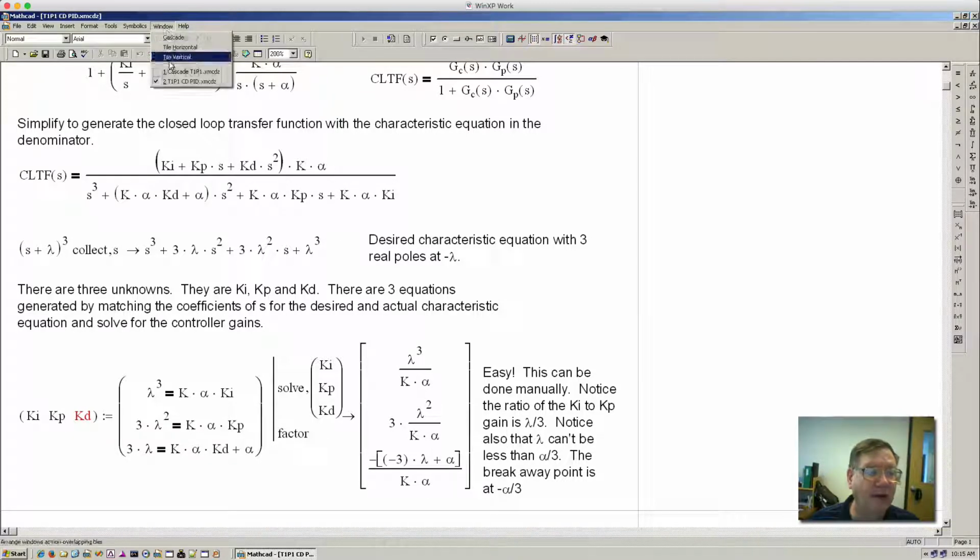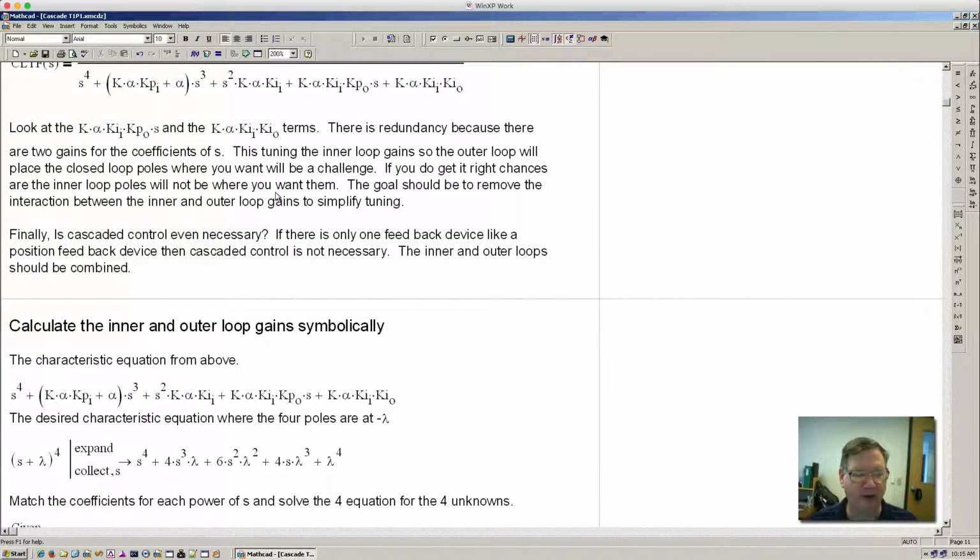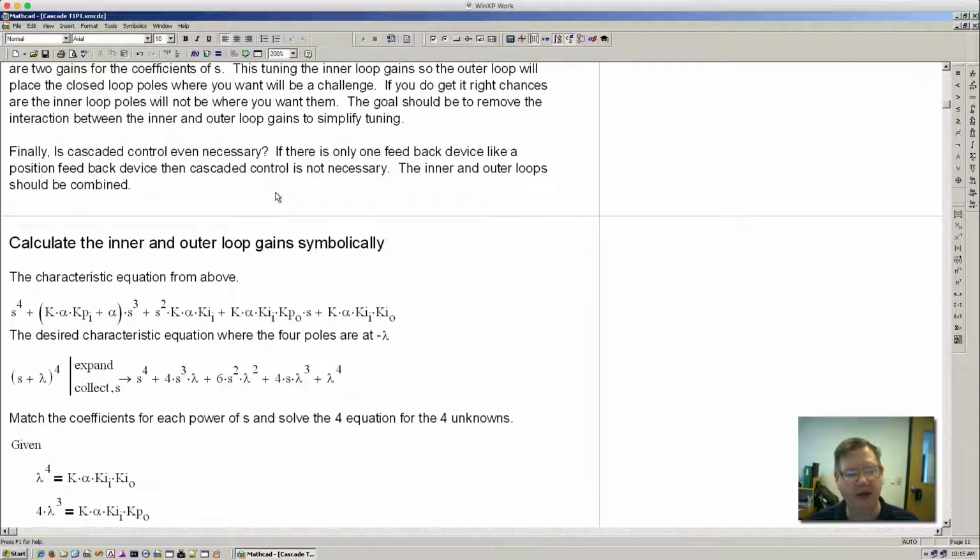And now if I go back to the cascade loop, you can see that I got a fourth order, and that's due to the fact that the inner loop and the outer loop both have integrators. So each loop will add an integrator, which adds an extra pole.